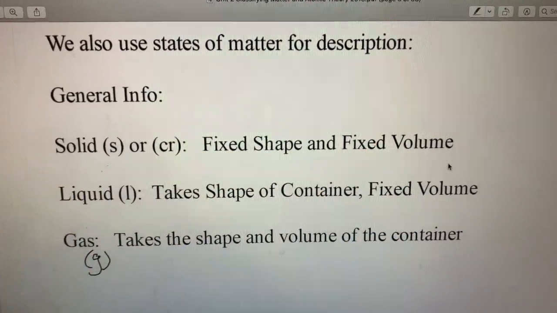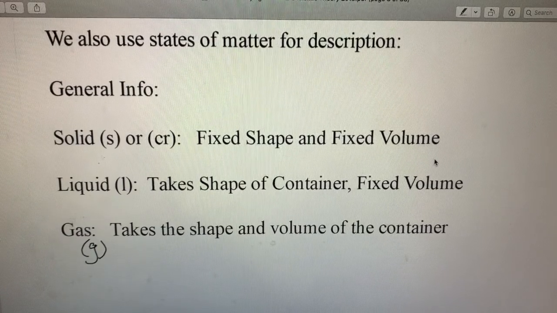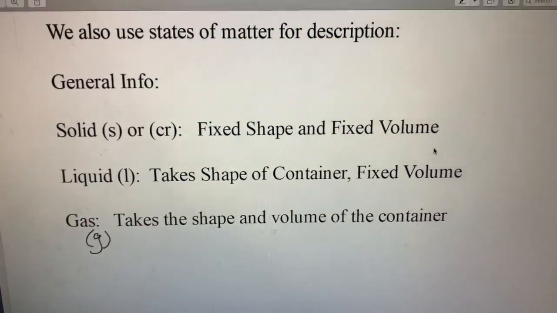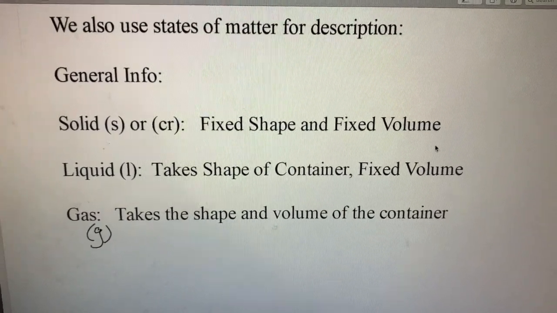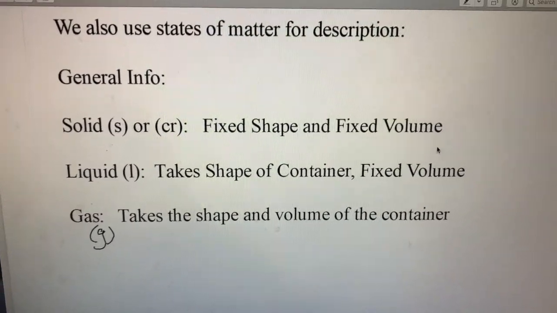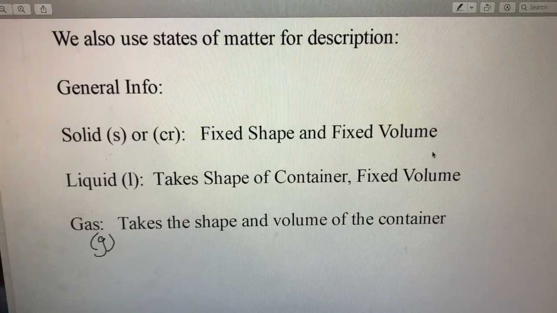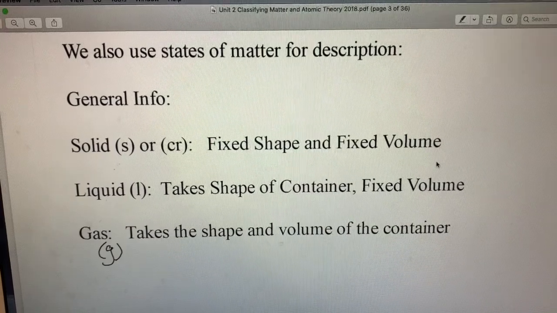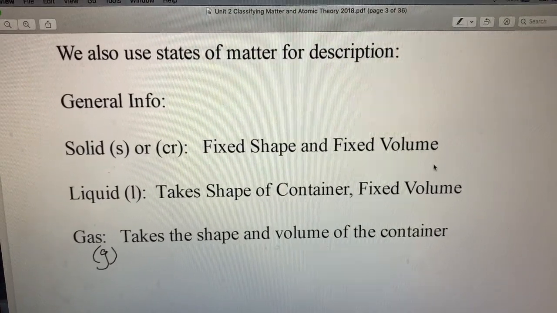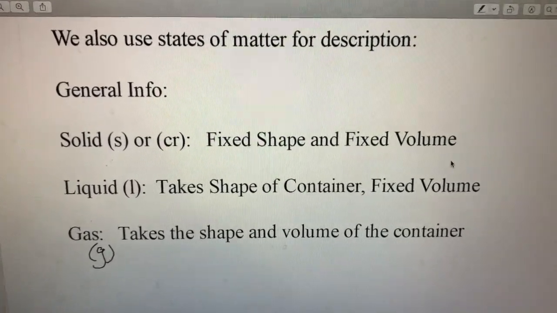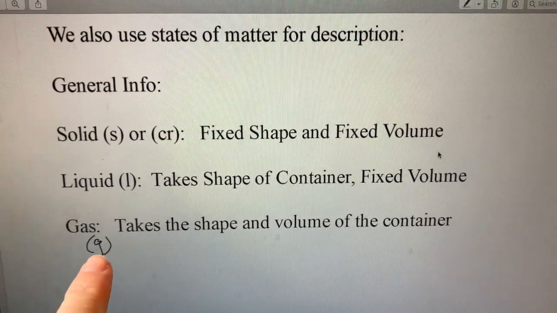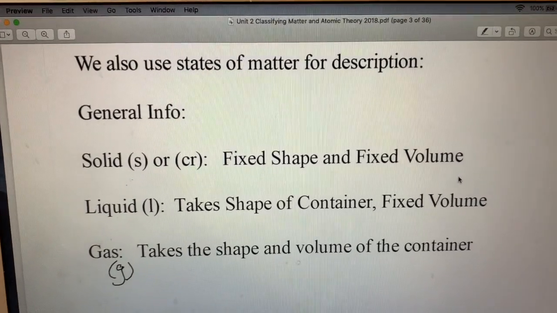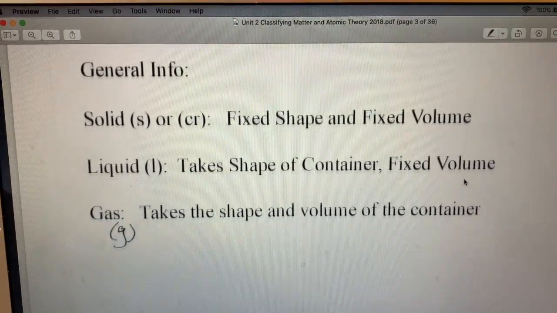So either one, we know solids have a fixed shape and fixed volume, whereas liquids, which get the abbreviation lowercase l, take the shape of the container, but their volume stays the same. So if you have a liter of soda, that liter is gonna be the same whether you have it in a large bottle or you decide to pour it into a bucket or something like that. The volume stays the same, the shape will change with the container. Gases, which get the abbreviation lowercase g, take the shape and the volume of their container. We'll study a lot more about gases as the year goes on.